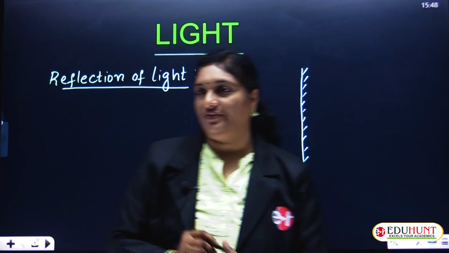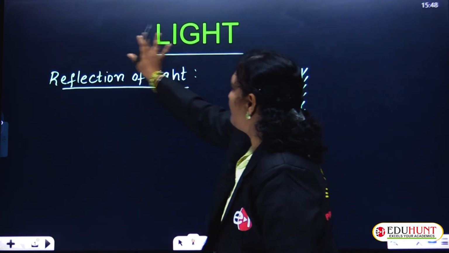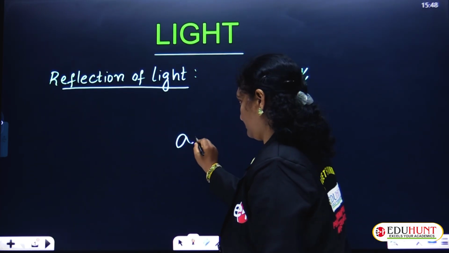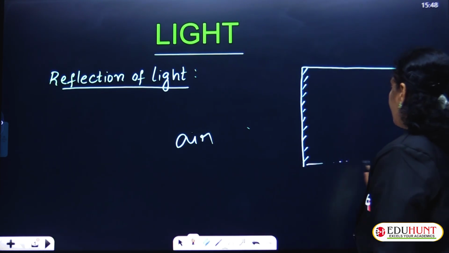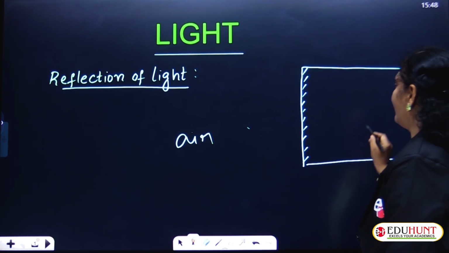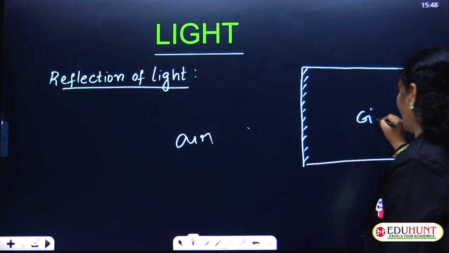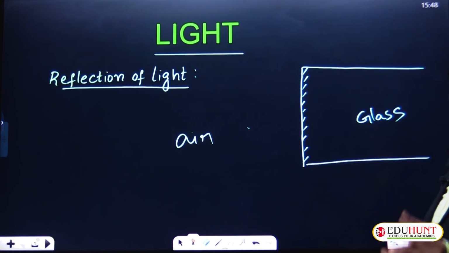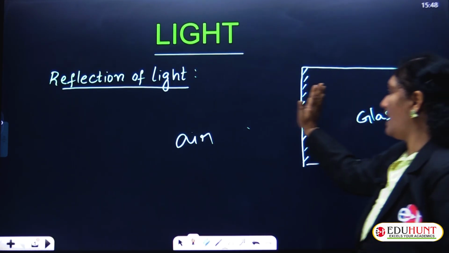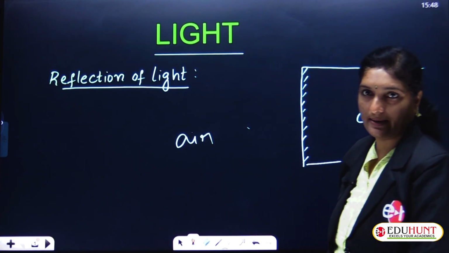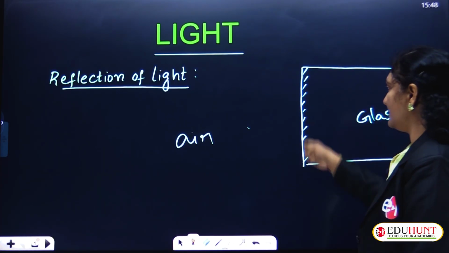It is an interface. This is completely air, first medium. This surface, a deeper surface I'll consider, it might be water, glass or something like this. To make you understand, I'll consider glass. So this portion is glass and this portion is air. Okay, and this is the interface.